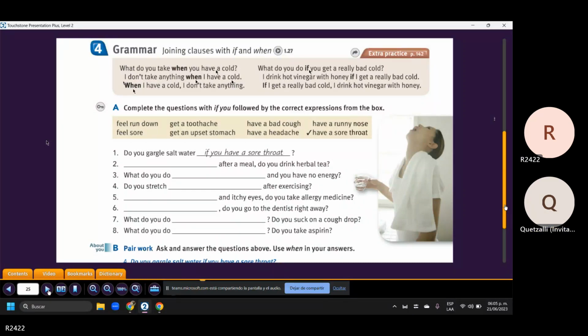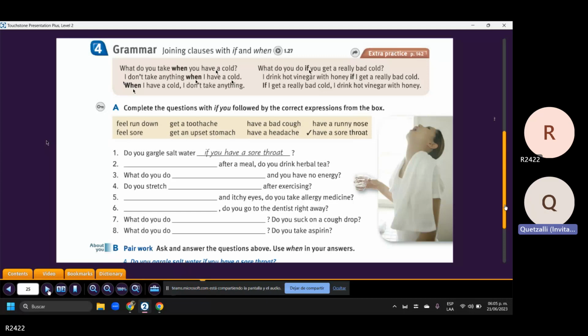Done. Okay, so we have here number 2. If you get an upset stomach after a meal, do you drink herbal tea? Okay, yes. If you get an upset stomach. Number 3.